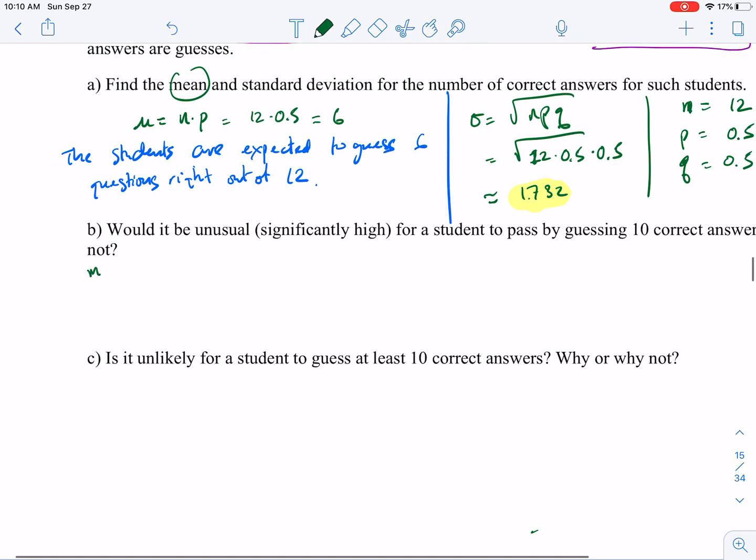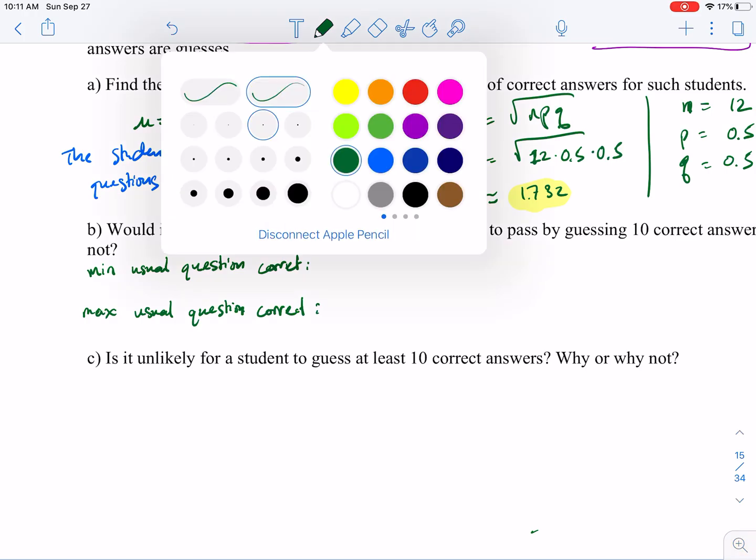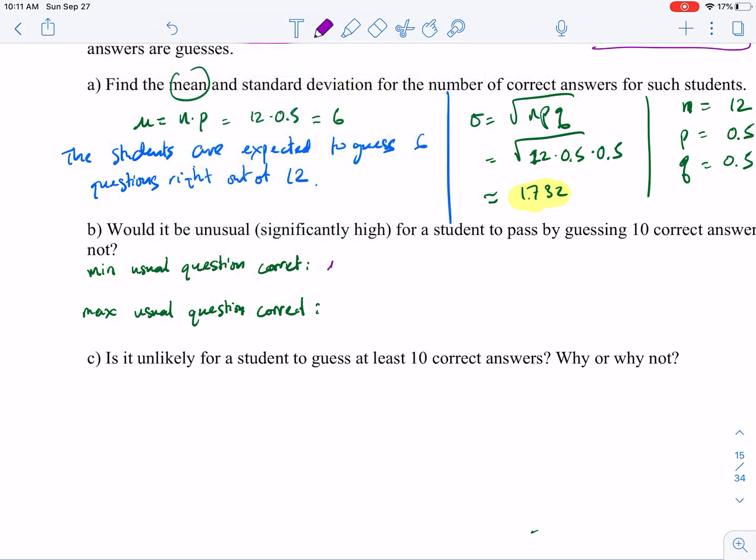We need to look at the minimum usual questions correct, and then we look at the max usual questions correct, right? So from the range rule of thumb, we're looking at mu minus 2 sigma for the minimum value and mu plus 2 sigma for the maximum value.